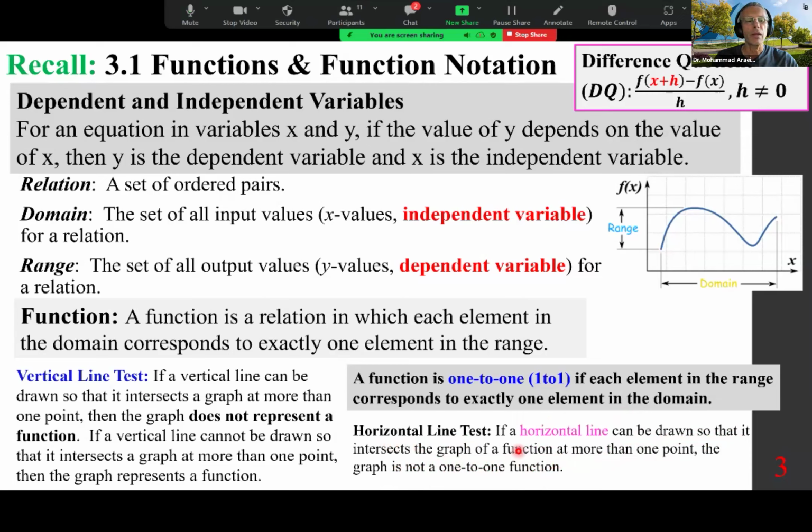So in the case of a function, the x coordinates cannot repeat. In the case of a one-to-one function, the y coordinates cannot repeat either. So we use VLT, the vertical line test, to check a function, and HLT, the horizontal line test, to make sure it's a one-to-one function.